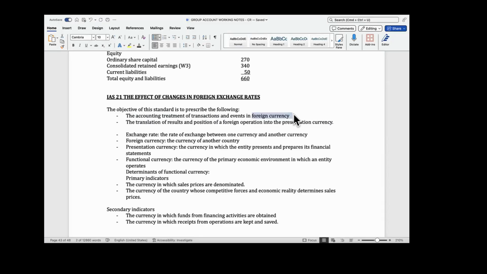That is, when you consummate transactions, whether you buy goods or you offer service or you take a loan, any form of transaction in foreign currency, either the supplier is a foreigner or the buyer or the seller, but the transaction is in foreign currency. So that was what we dealt with last week. How do you recognize such transactions in your books?